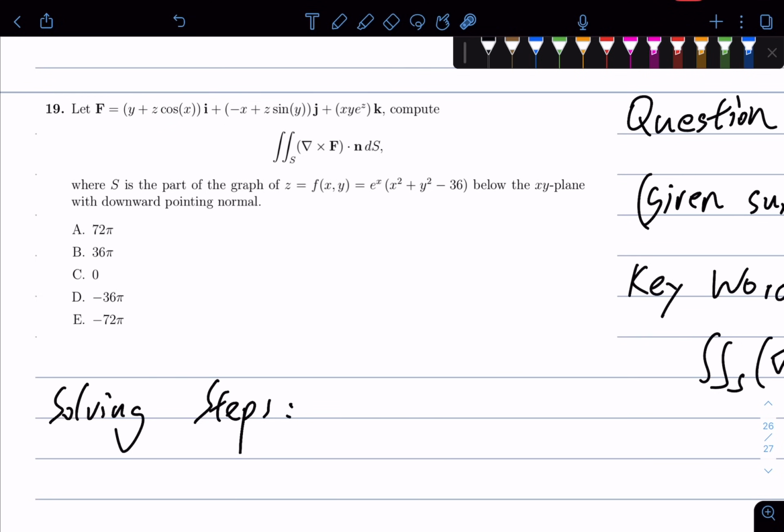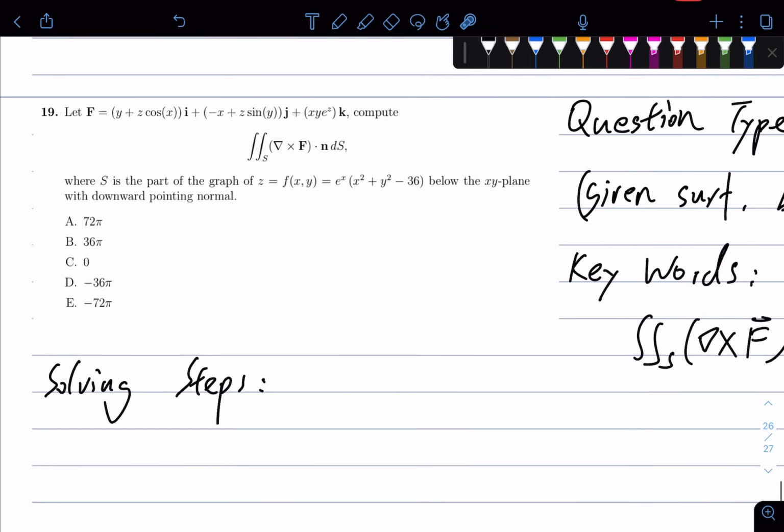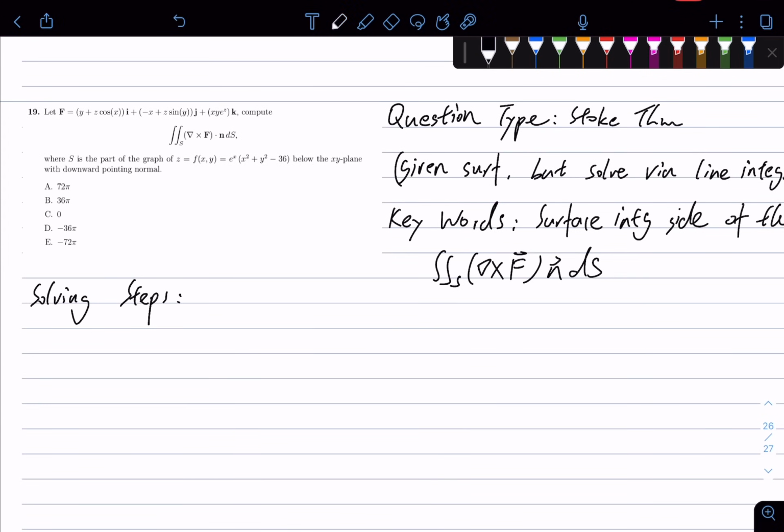This is a really hard vector field to compute with, and this surface S, this graph, this function, is also a very difficult function to compute.